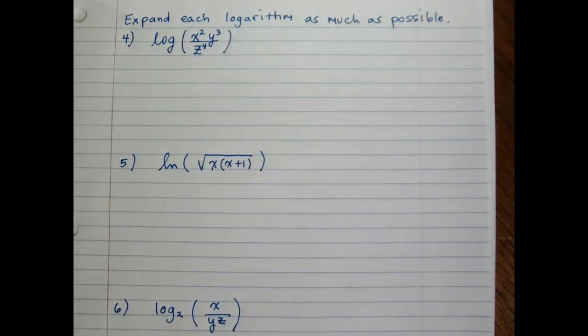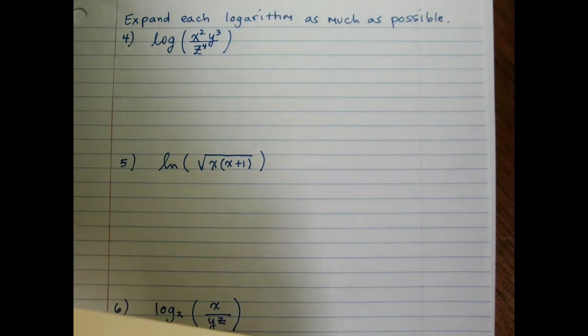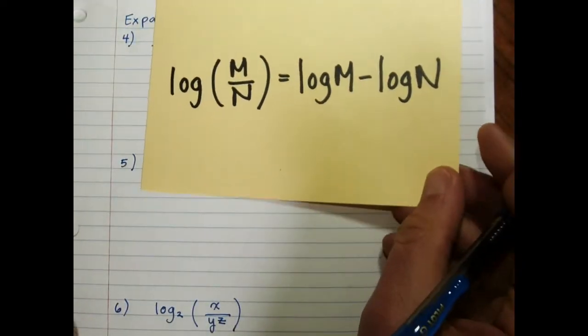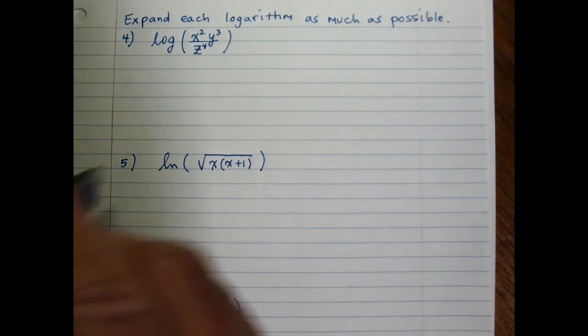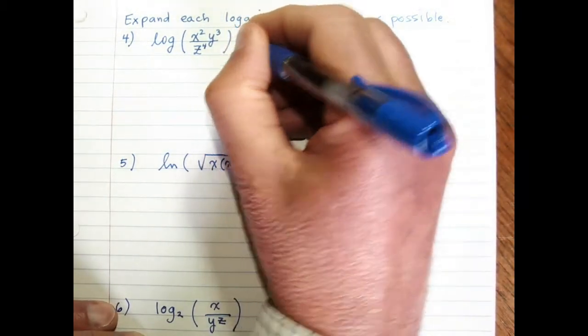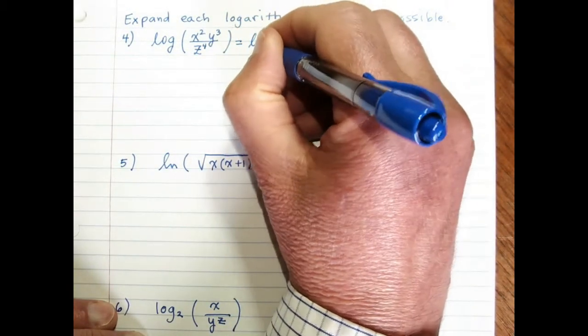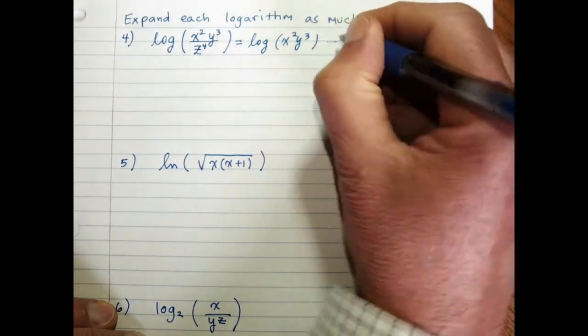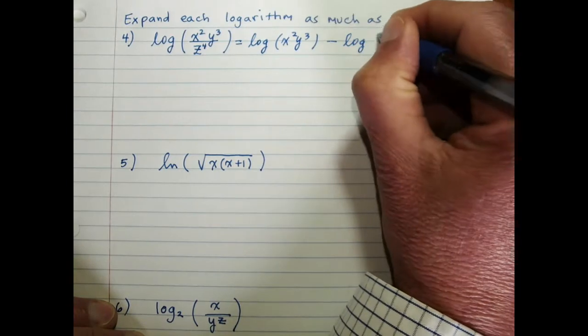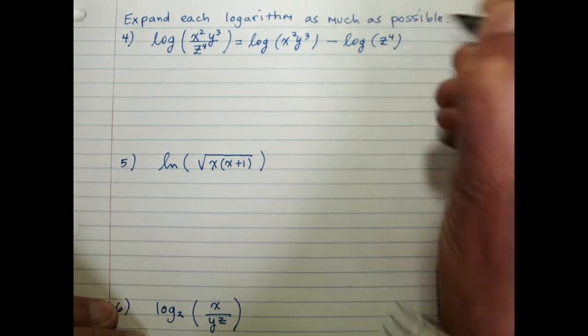Now normally, if you see a combination of multiplication and division, you're only going to apply one law at a time. So I'm going to start out applying the second law. So I have log of x squared y cubed minus log of z to the 4th.